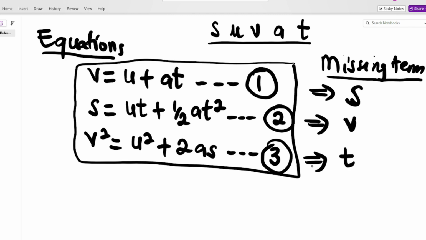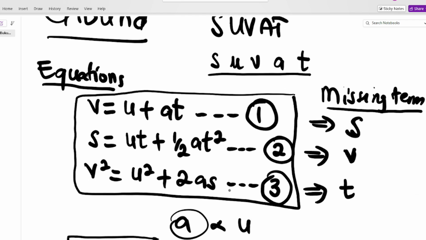But there is one that is never missing: acceleration, and initial velocity. Yes. So those two are never missing. But most questions are given around these.